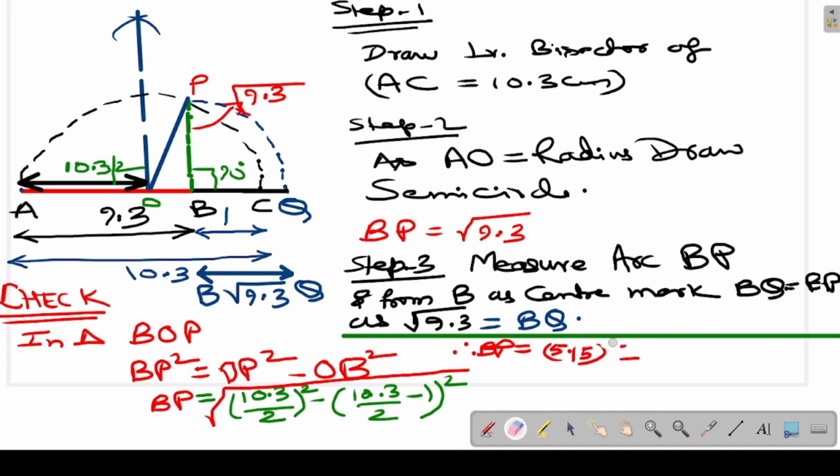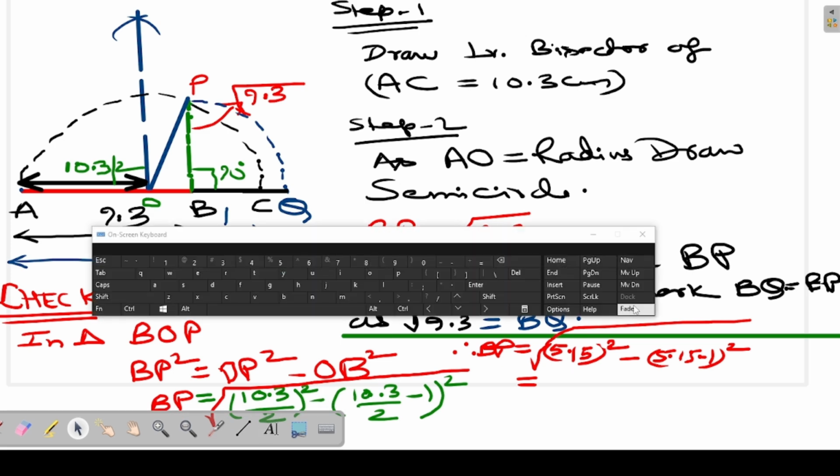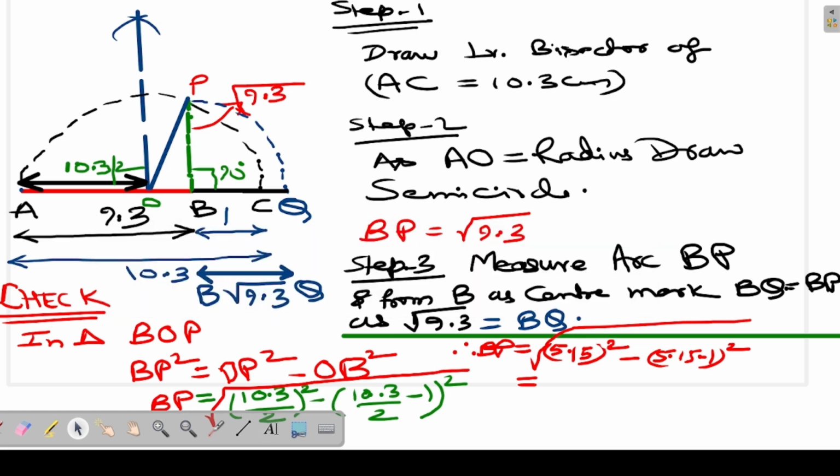I am writing it again correctly because it's overlapped, so writing it in a clear manner. 5.15 whole square is OP square, and OB square is 5.15 minus 1 whole square, right? So take the square root of this entire expression, so that we will have the length of BP. We know that A square minus B square is equal to A plus B into A minus B, where A is 5.15 and B is 5.15 minus 1.